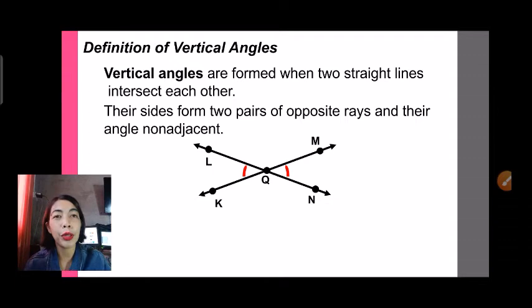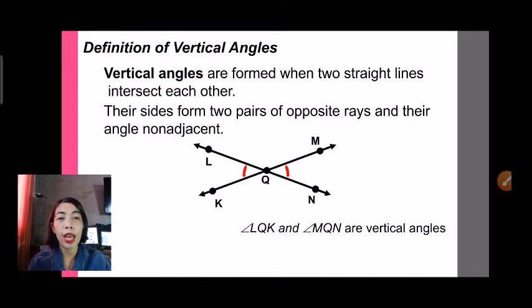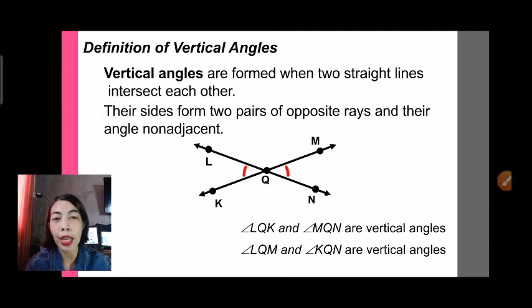Okay, ito yung ating example ng vertical angles. Angle LQK and angle MQN are vertical angles. So, vertical angles are two angles, kailangan pair na magkatapat. Opposite angle sila sa intersecting, pag nagkaroon tayo ng intersecting line. And another is angle LQM and angle KQN are also a pair of vertical angles.